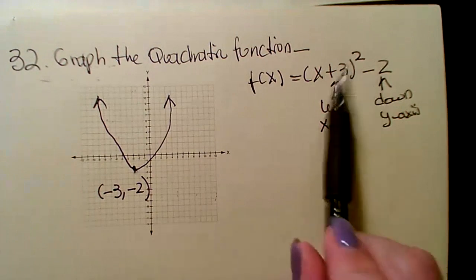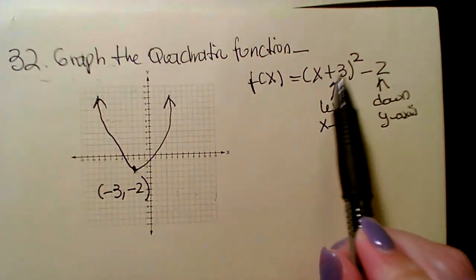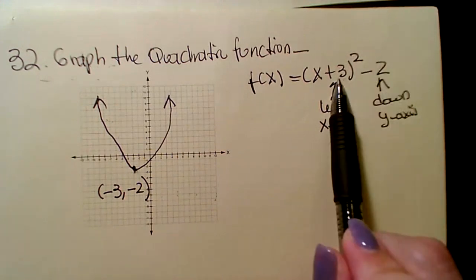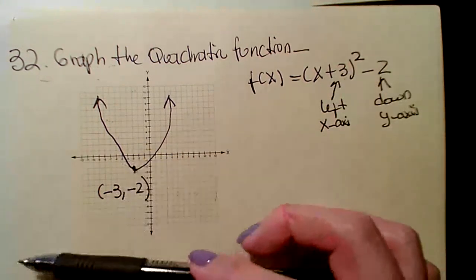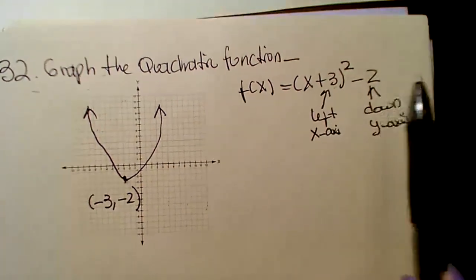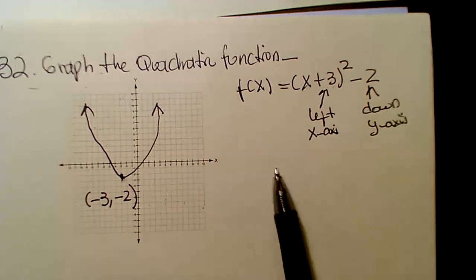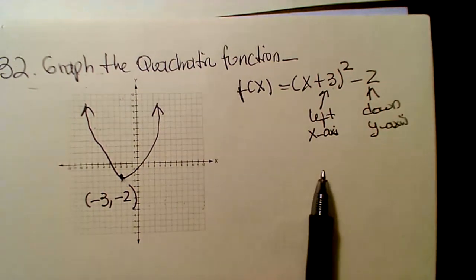You're always going to take the opposite. Opposite of 3 is negative 3, and you're going to the left. This is the x-axis. And this one, you take it the way it is, the way they're giving it to you. All right? And I think I'm done.